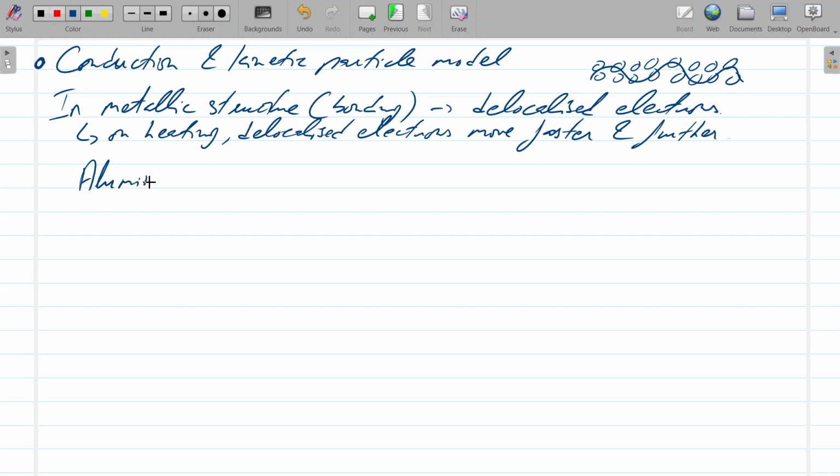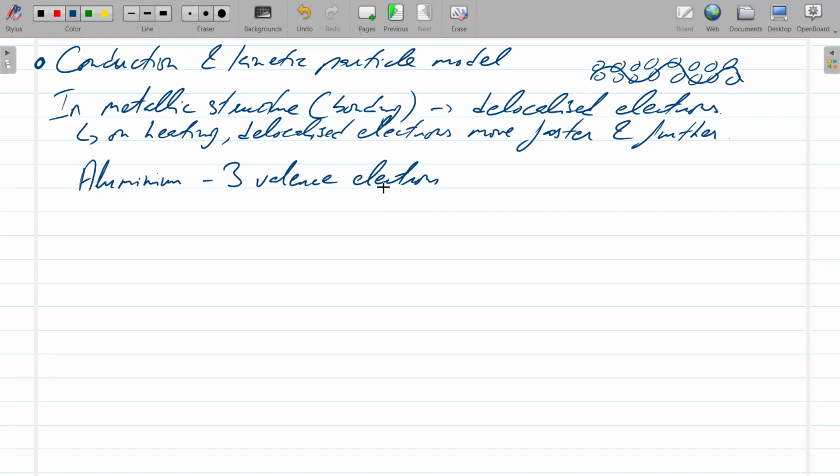Aluminium has three valence electrons, or three outermost electrons. Atoms have shells in which electrons are arranged, and the electrons in the outermost shell are called valence electrons, or outer shell electrons.